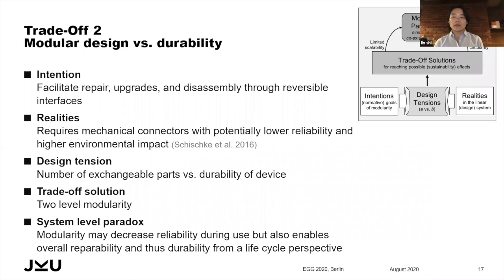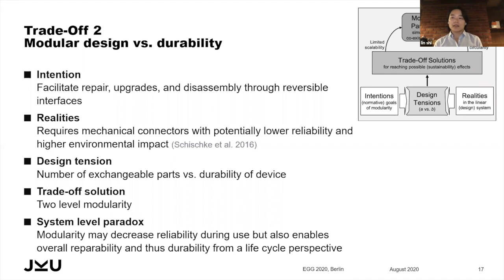The first one is the trade-off between modular design and durability. While modular product manufacturers intend to produce products that are easier to repair and upgrade, their products might require additional mechanical connections. These connections could cause a higher failure rate of the modules and incur higher environmental cost. The trade-off solution is a concept of two-level modularity invented by the designers at SmartMod.